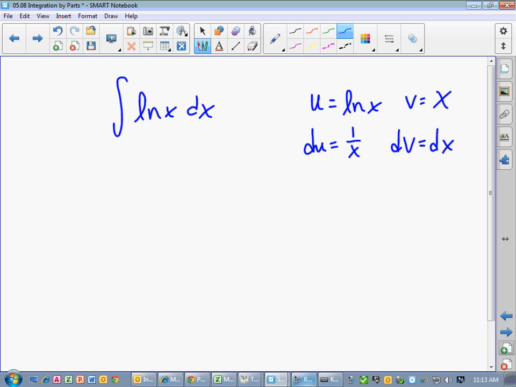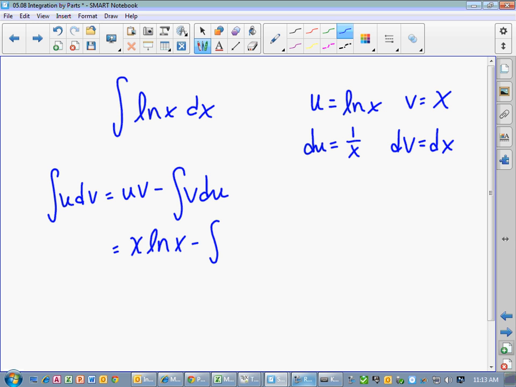Okay, so using our integration by parts, the integral of u dv equals uv minus the integral of v du. u, that's ln of x. v was x, so we have x ln of x minus the integral of v du. So that's x times 1 over x. And by the way, when I write du, I always mean dx there.